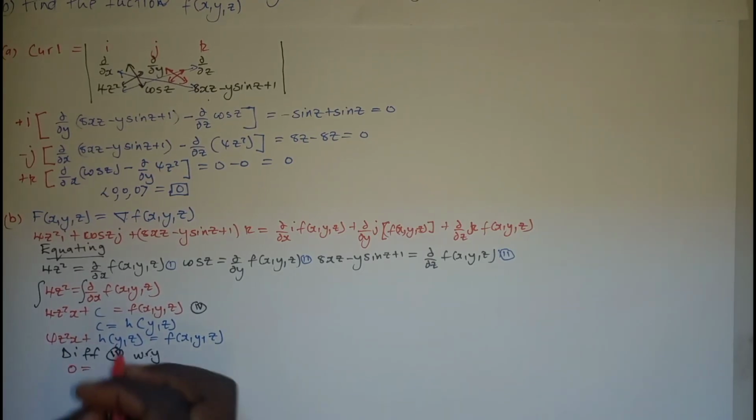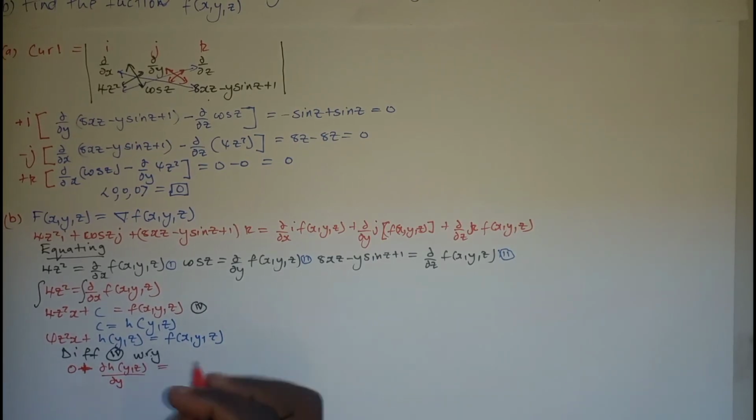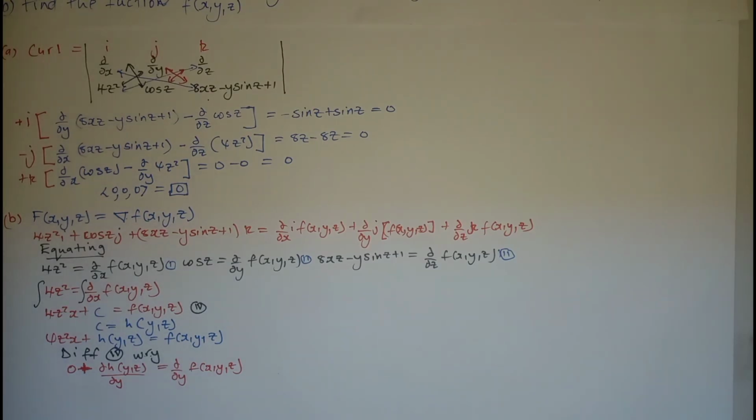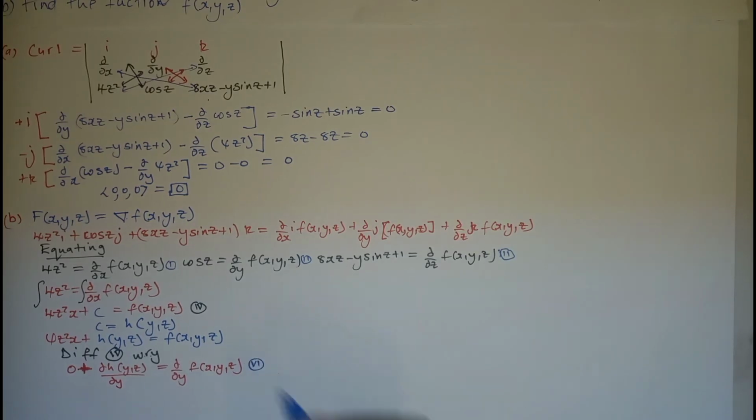For this one we're going to have the derivative, partial h of y z over partial y, and for this one we're going to have partial y of f x y z. Like this, and let's call this equation number 5.